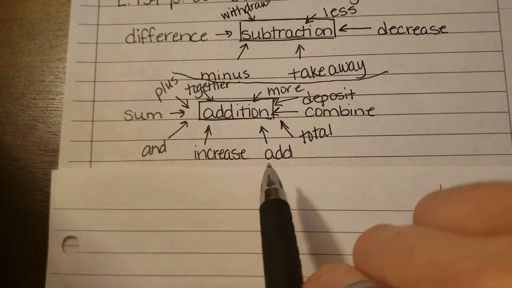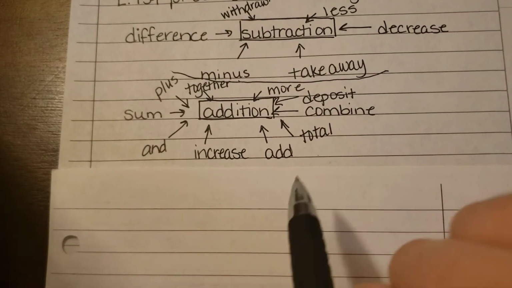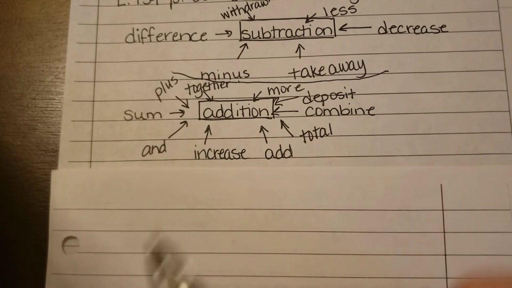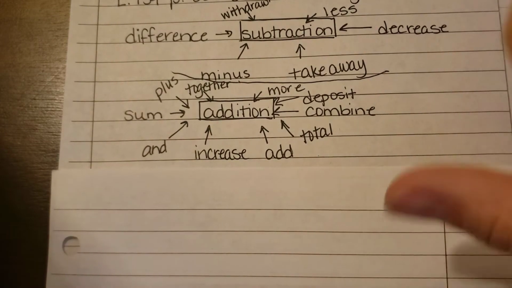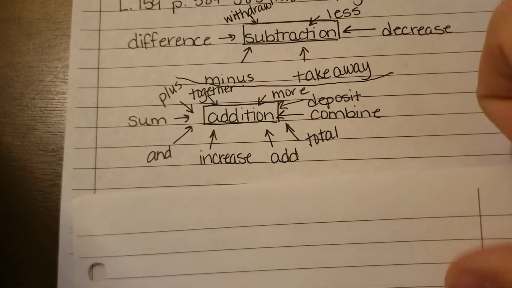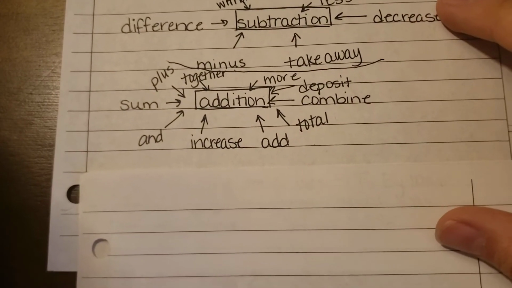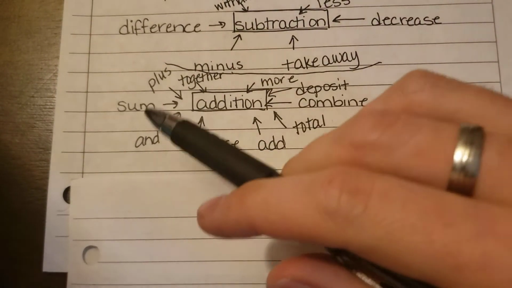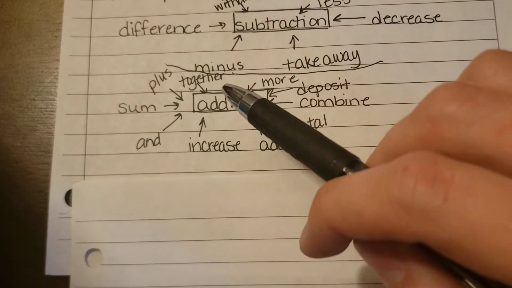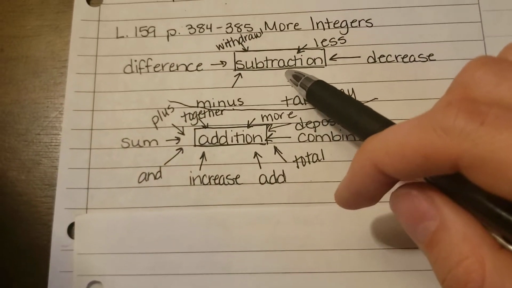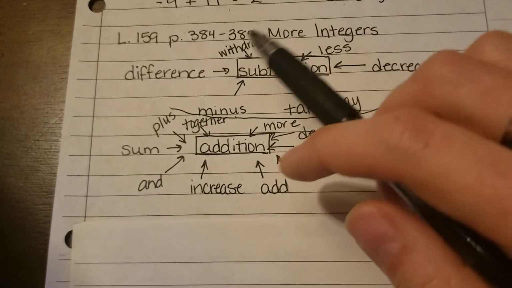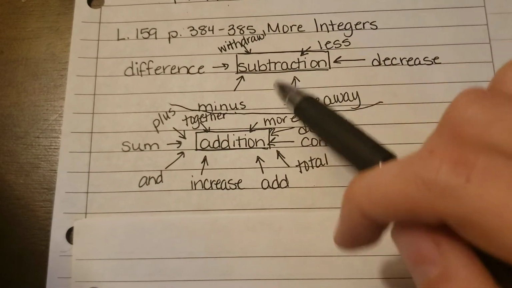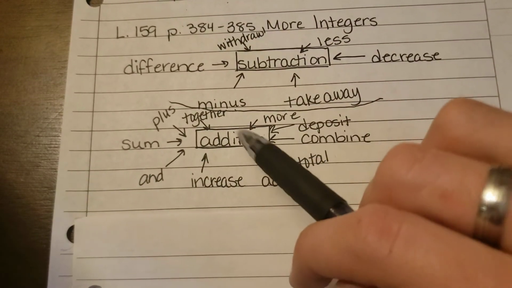Okay, so we have increase, add, total, combine, deposit, right? If you're depositing into the bank, these are all examples of words, right? These are all clues about which operation you're going to use, right? Whether it's this guy or these ones here.